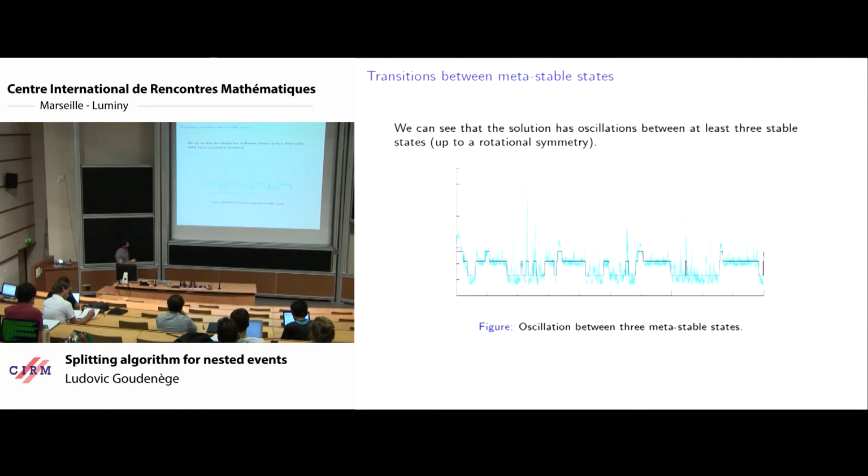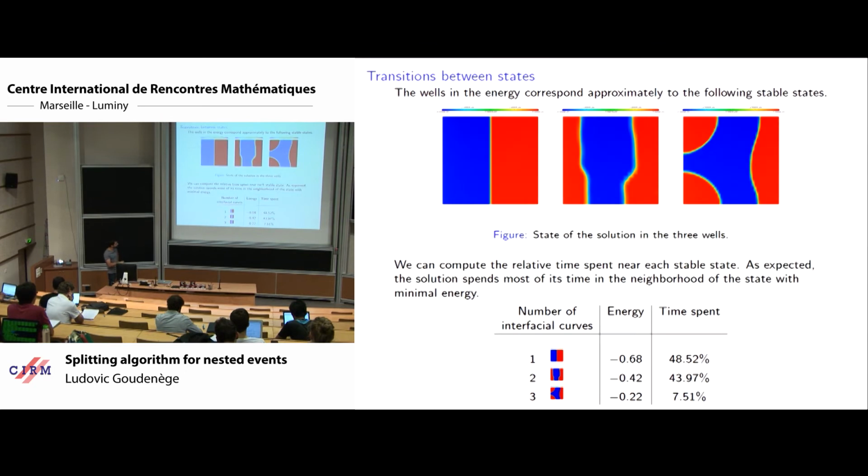So again, you want to see these things, okay? This jumps between the three metastable states. And you want to compute some dynamical quantities on these trajectories. So for example, I have said that you want to compute the time that you spent in the minima. We have seen three minima, which are in fact these three minima up to some rotational symmetry.